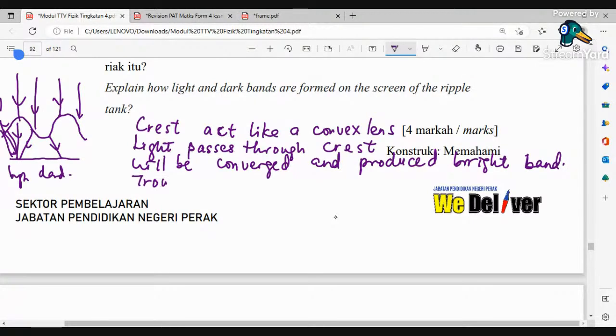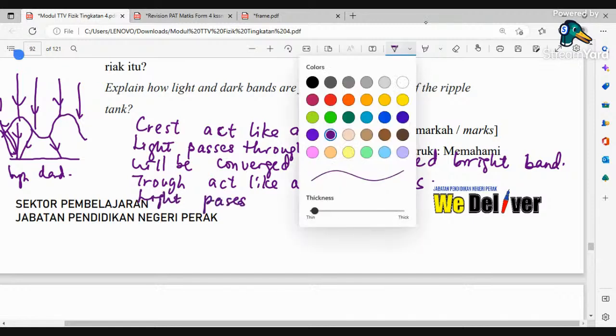Trough acts like a concave lens, light passes. Okay, let me erase first.